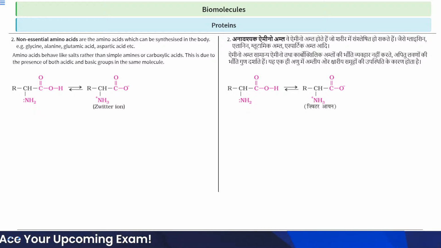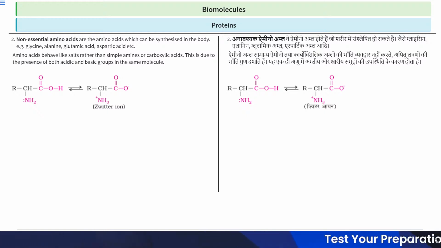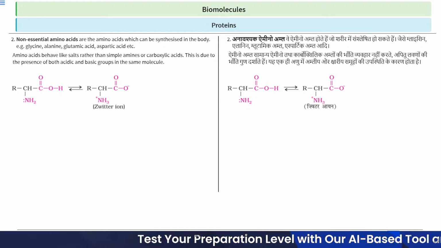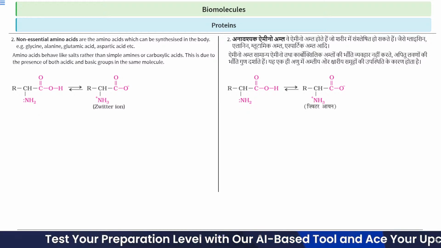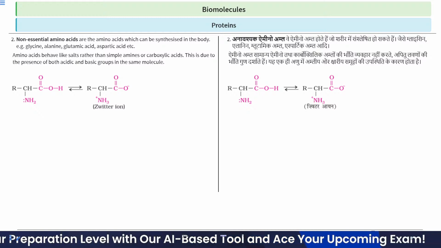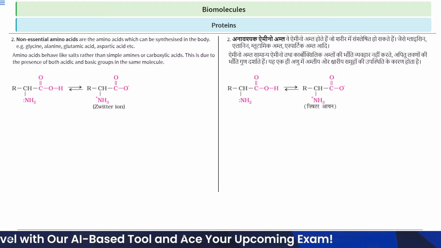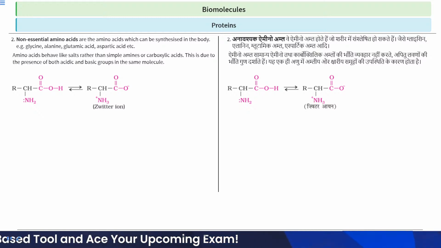So you can see that negative and positive charge are both present in the same molecule, negative by the acid group, positive by the amino group. This structure is known as Zwitter ion, because both the negative and the positive charge are present in the same structure.